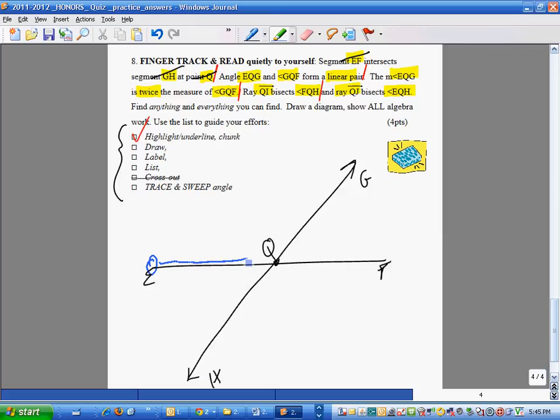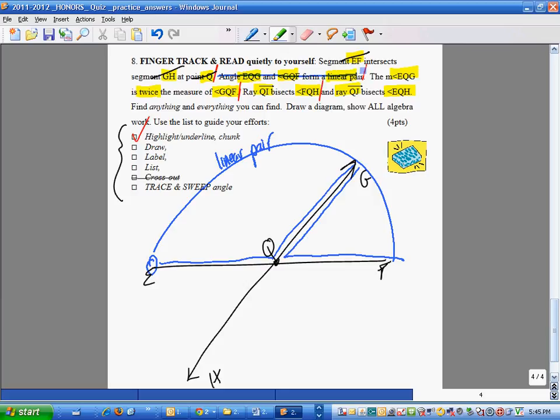So EQG is twice the measure of this angle, GQF. So if that's twice of that, let's call it X variable. That means this here has to be 2X.